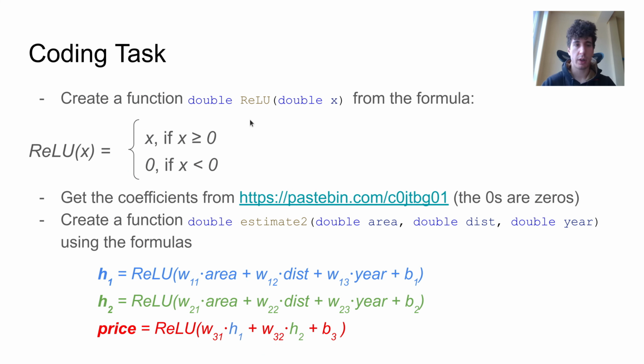Now try to create a double ReLU function, a function that implements this formula. Download all the weights, I put them into a paste bin link, and write a function estimate2 that, given an area, distance and year, computes the price using the new network.